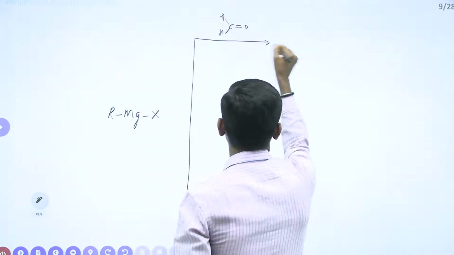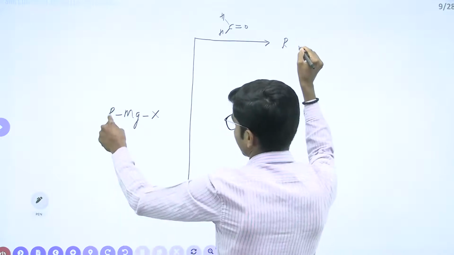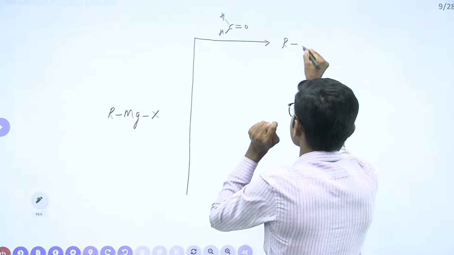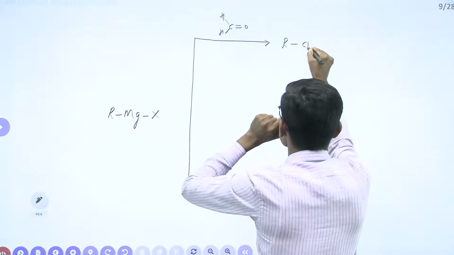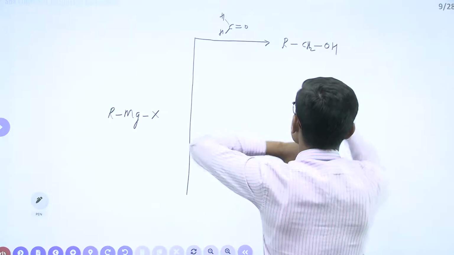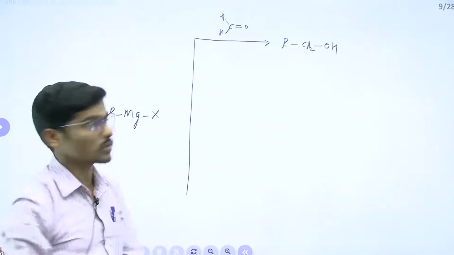So this R alkyl group from the Grignard reagent attacks the carbon, and it is attached to two hydrogens. One bond is shifted and upon hydrolysis it gives rise to an alcohol, that is a primary alcohol.